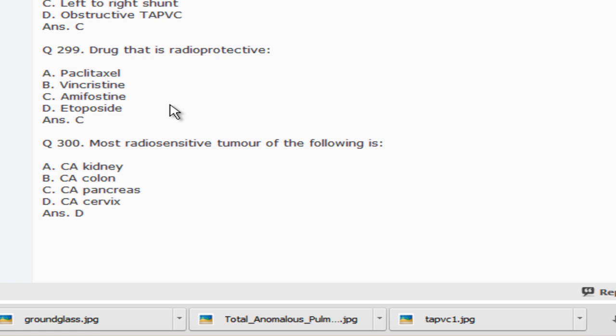For example, paclitaxel paralyzes the microtubules, so after the effects of radiotherapy, the cell cannot repair itself, and hence it will die. So be sure to remember amifostine, and be sure to remember the mnemonic PAEZ, and you'll do fine in the questions about radioprotective agents and radiosensitizers.